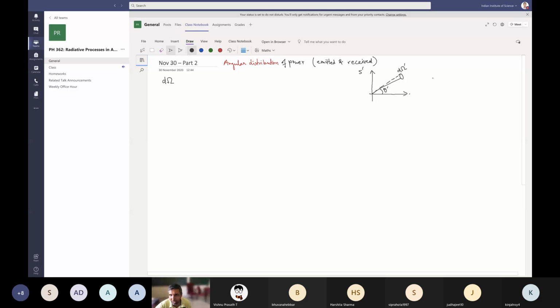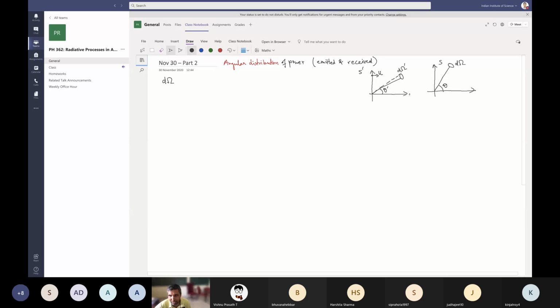So this is frame S, right? This frame is moving with velocity u, which is the particle's instantaneous velocity. This is the lab frame, and in that, angle theta prime goes to angle theta, and this solid angle goes to d omega. So the question is, how do the thetas transform?